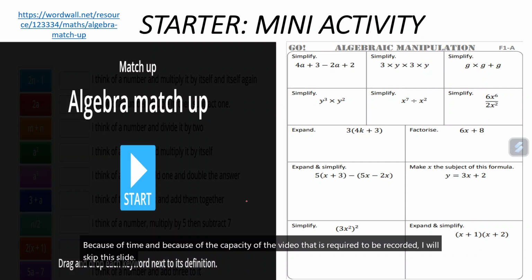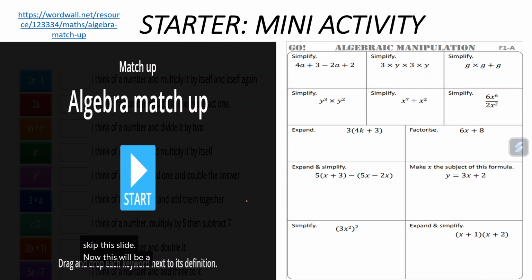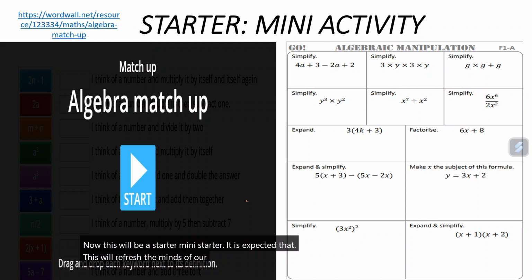Now, this will be a mini starter. It is expected that this will refresh the minds of our learners. So, for the sake of time, we'll quickly look at this starter.